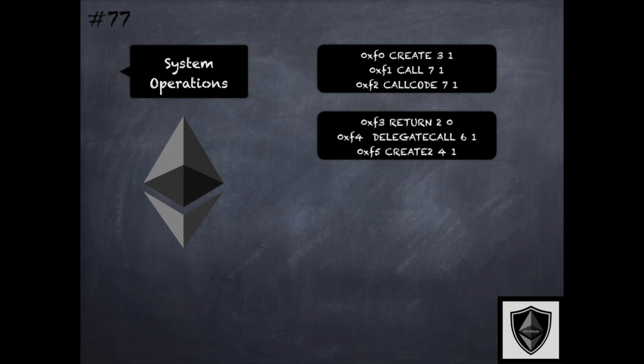But the difference from call code is, in the case of delegate call, the values of sender and value of the caller are used in the case of the callee. So in the context of Solidity, your message sender and message value of the caller's account are used in the execution context of the callee account.